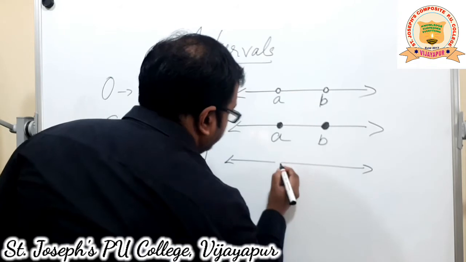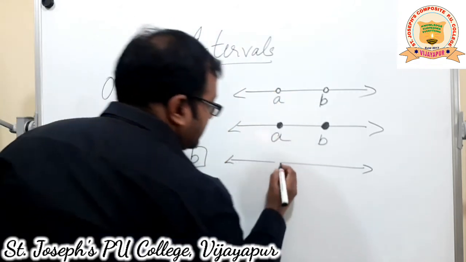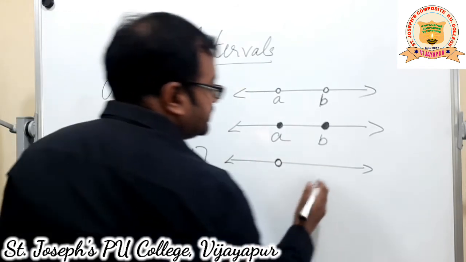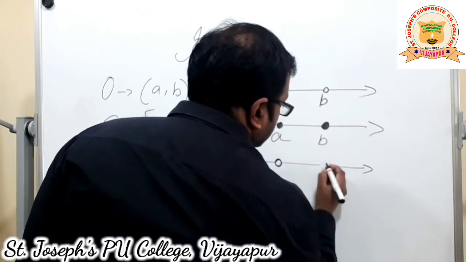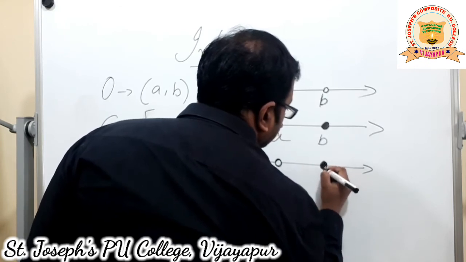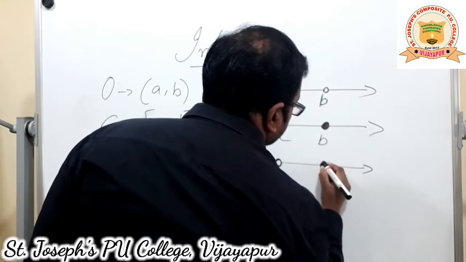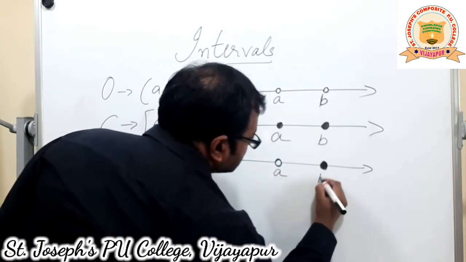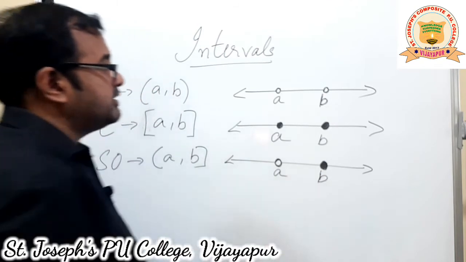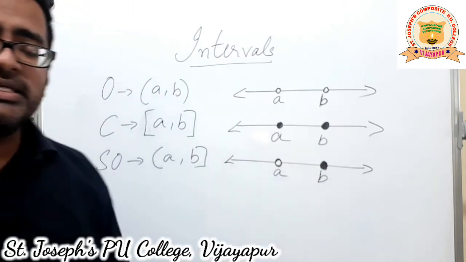Okay, now on this side it's open, so like open one, we'll have a clear circle without shading it, and on the other B end we'll have a circle which will be shaded properly, so that this is A, this is B. This is pictorially understanding. Using a number line, we can understand open and one side is closed.